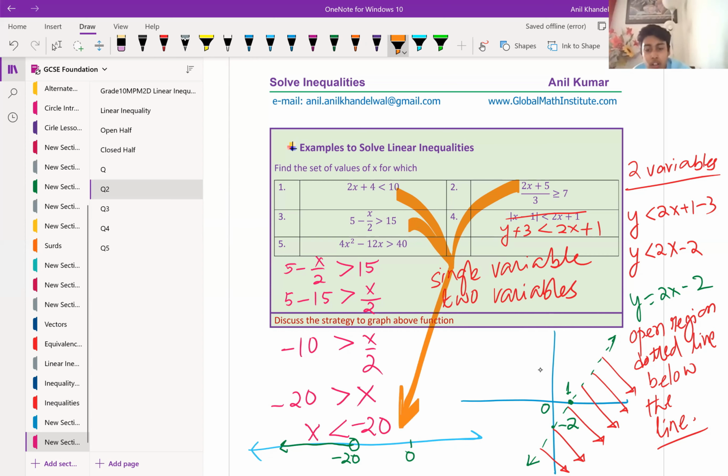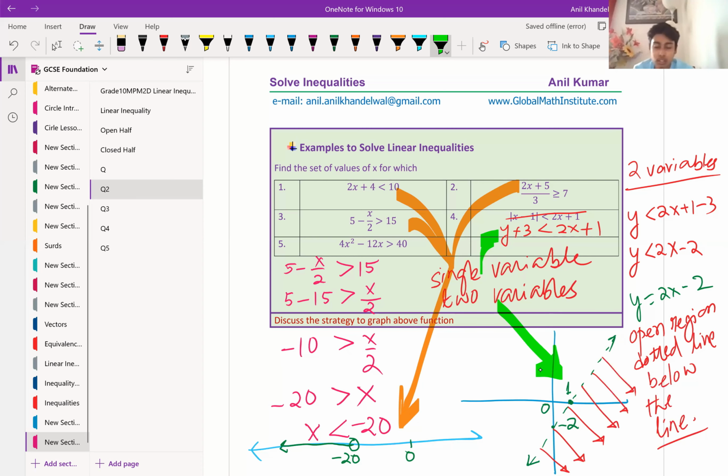Is that clear to you? Okay, sir. But if it is a double variable, the solution will be as shown here, a region of the half-plane divided by the line, correct? So if double variable, it would be a graph, and if single variable, it's just a number line. Correct.